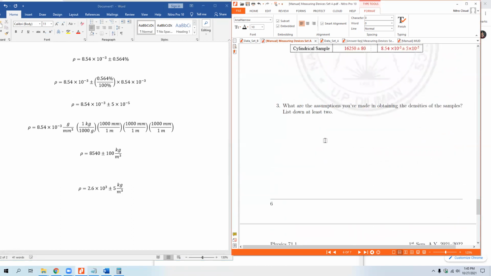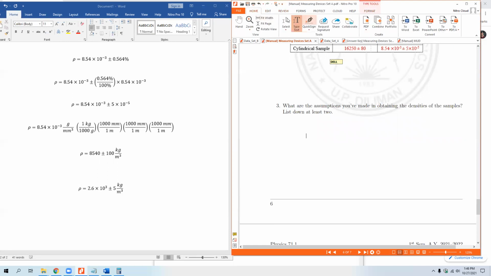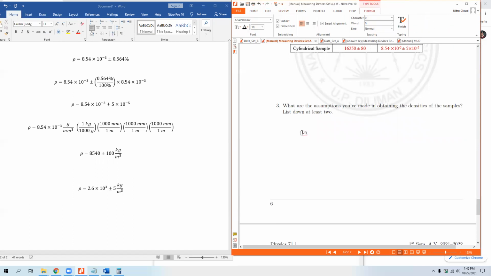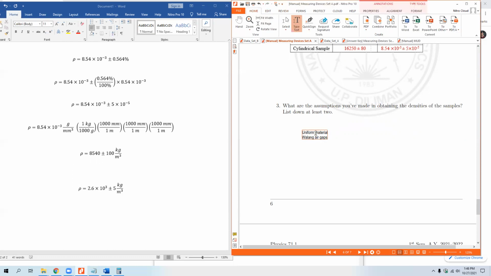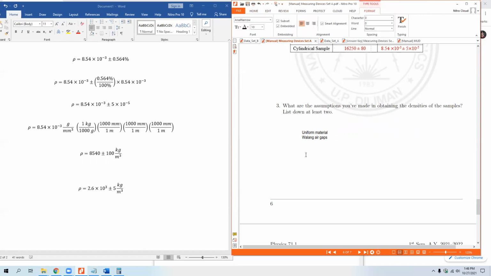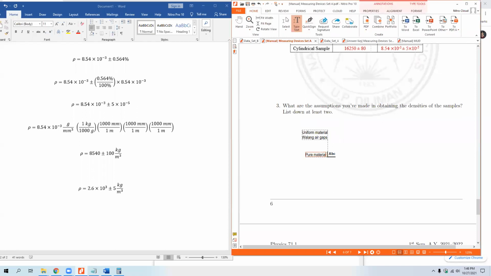So, for the last question, what are the assumptions you've made in obtaining the densities? Here are our sources of error. The normal assumptions here are that the material is uniform. That is, no air gaps. When we say the material is uniform, it's pure. Uniform or pure material, meaning no other material mixed in. So that's also possible. Pure material. So, what other assumptions are there? Another possible assumption is that our cube or cylinder has a perfect shape.